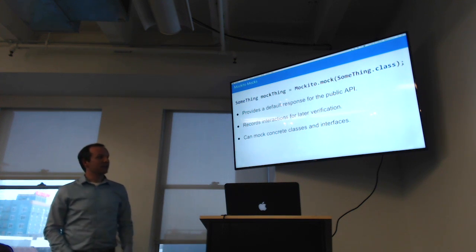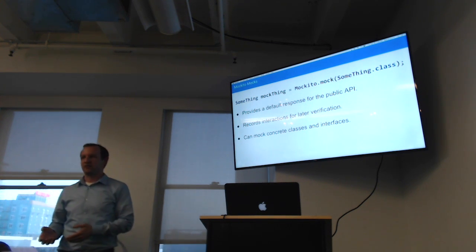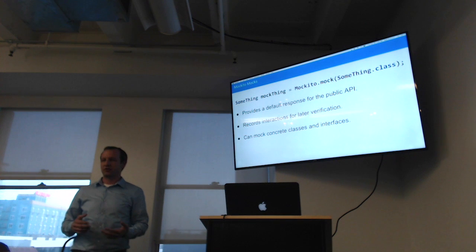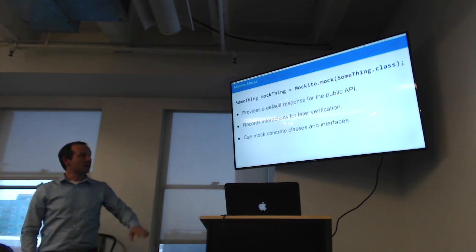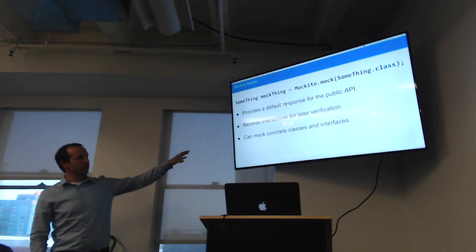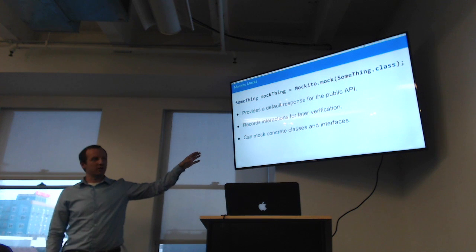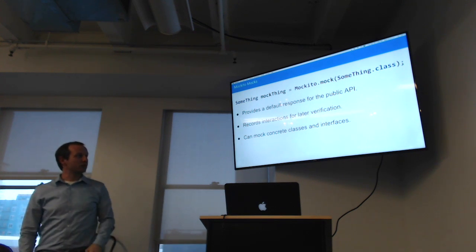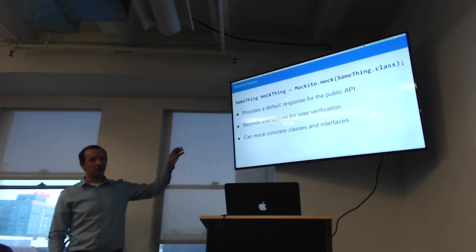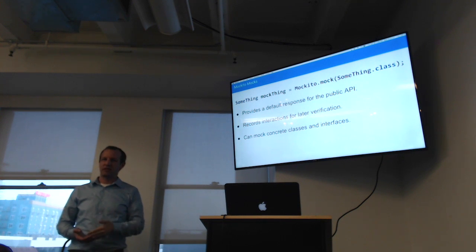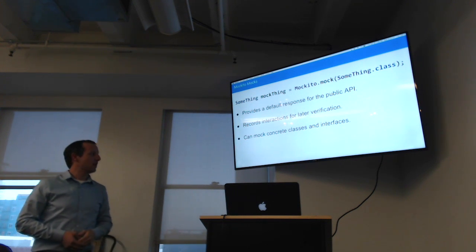So if some method on that class returns a Boolean, it's just going to return false. If it's some other object, it's just going to probably give you null. It also records interactions with this mock object, which is awesome for behavior verification later on. So if your object under test actually interacts with this mock in some way, it's keeping a record of that for the lifetime of the test case.